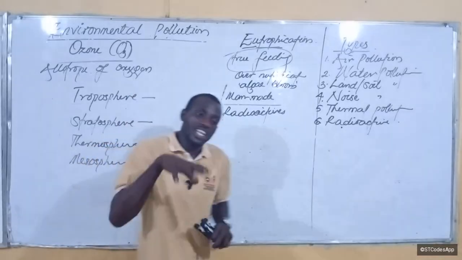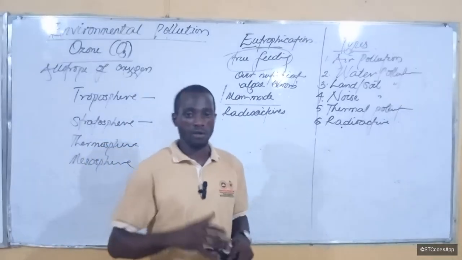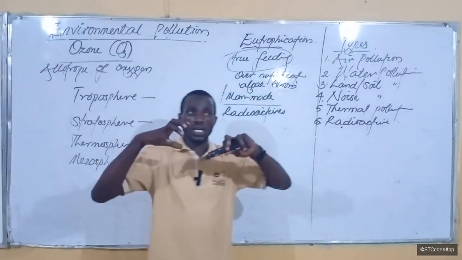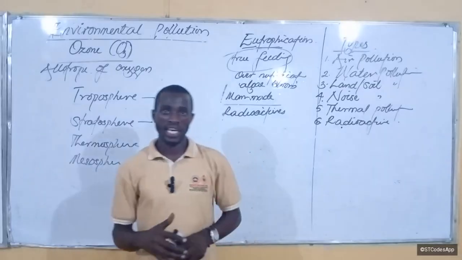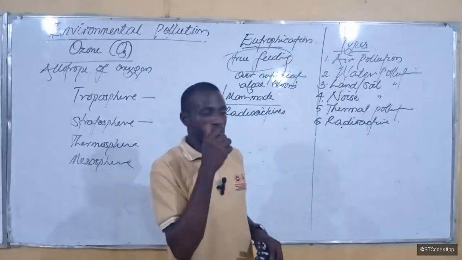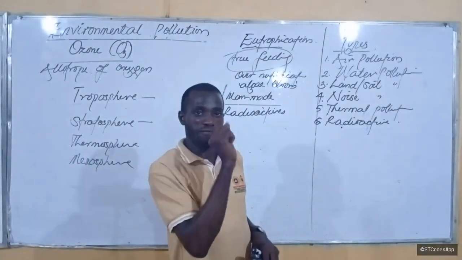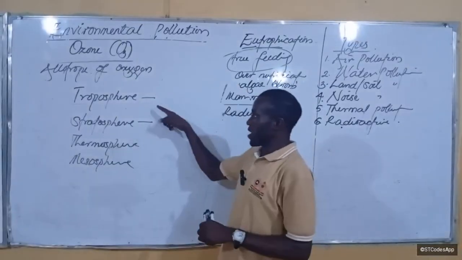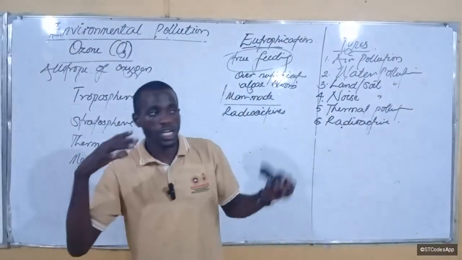In order to envisage this correctly, think of the earth like a huge onion. The very fresh inside of the onion is the troposphere, the layer closest to us.